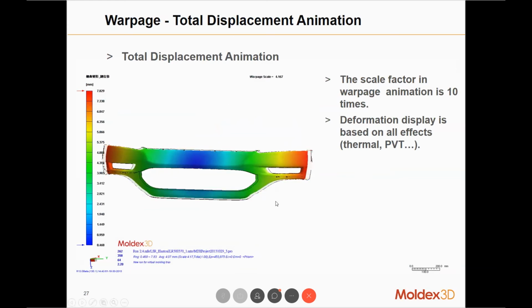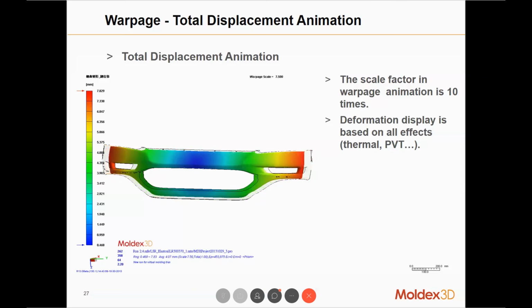After the warpage calculation, we can also export the deformed model as an STL file. We can use the deformed model in, let's say, structural analysis, or check whether the deformed model is able to assemble with other assembly parts.